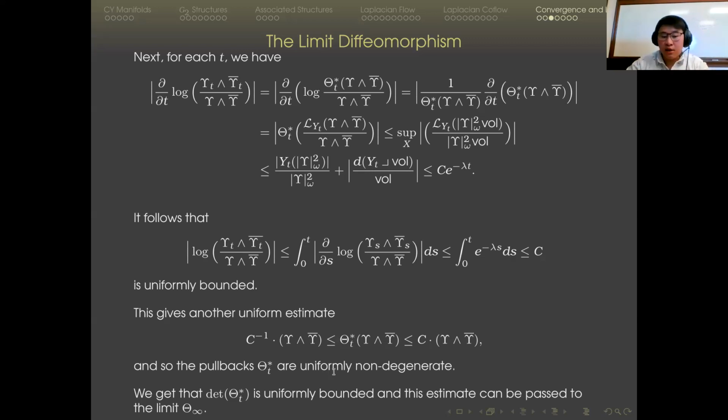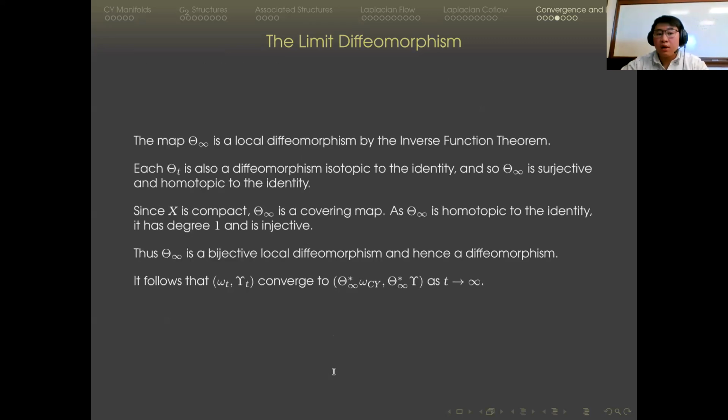We can push that to the limit to show that the determinant of the pullback is uniformly bounded. So the limit is going to be a local diffeomorphism, right? At every point, the pullback is non-zero, so we get a local diffeomorphism by the inverse function theorem. And then we can use properties of what we know about X and theta as well, right?